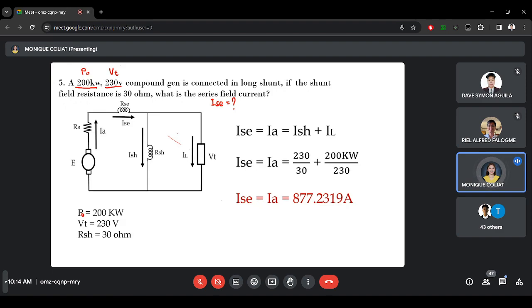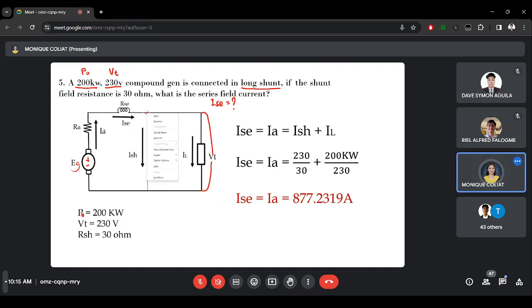After getting all the given, you have to draw the circuit. Sabi, long shunt compound generator. So this is the circuit for a long shunt generator. We have here PG, RA, RSE, RSH, and VT, or the load. If the unknown parameter is series field current, then we will get the equation.